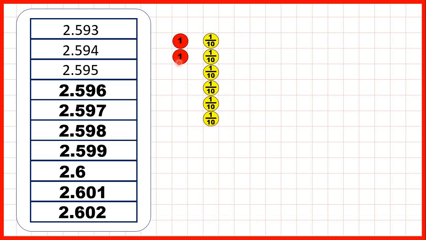So now we have 2 wholes and 6/10ths, or 2.6. Then we keep on counting in thousandths, so we need to make sure that we have this 0 in our hundredths, and in the end we got to 2.602, so 2 wholes, 6/10ths, no hundredths and 2/1000ths.